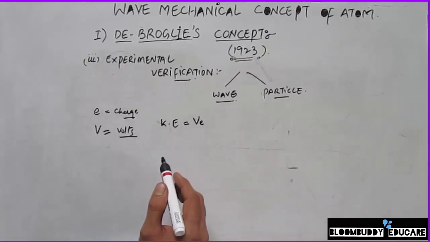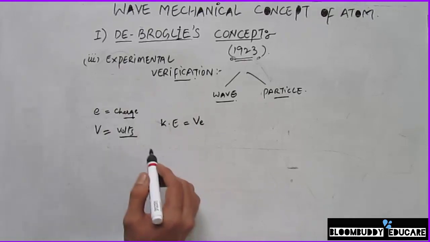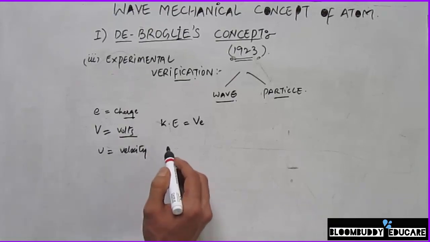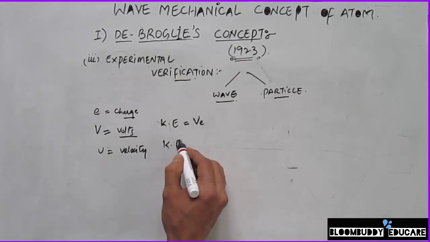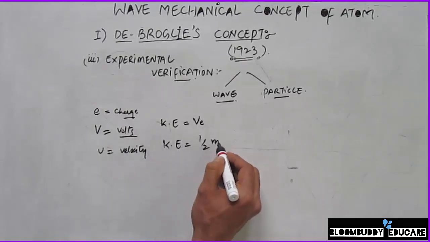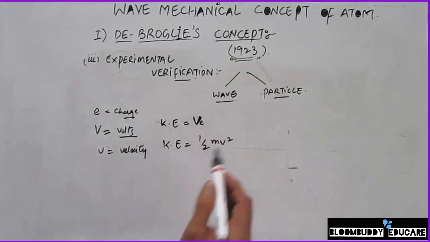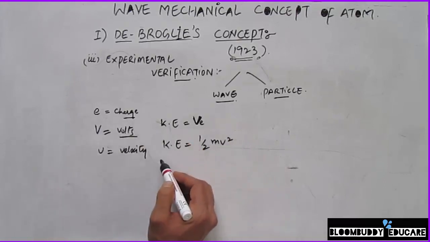Also, the kinetic energy of an electron moving with velocity v is equal to half mv square. So this is capital V here, this is small v, v square. When we combine these two equations, we see that the left hand sides are equal.